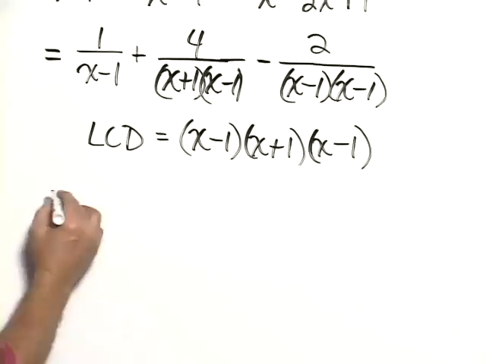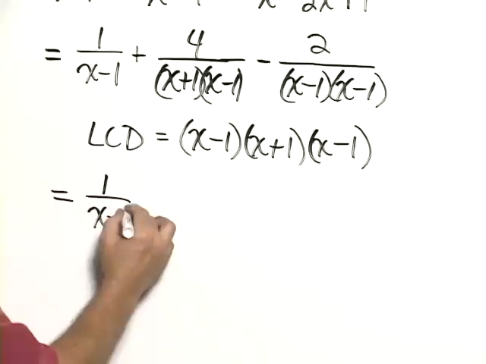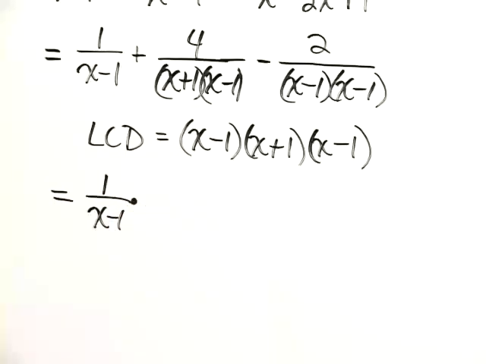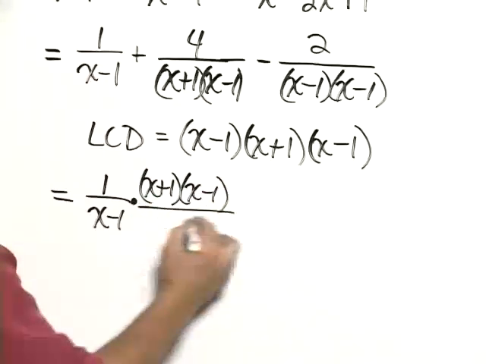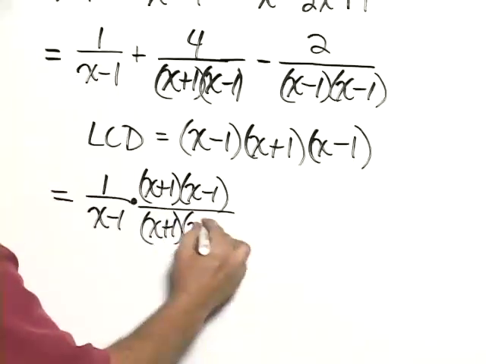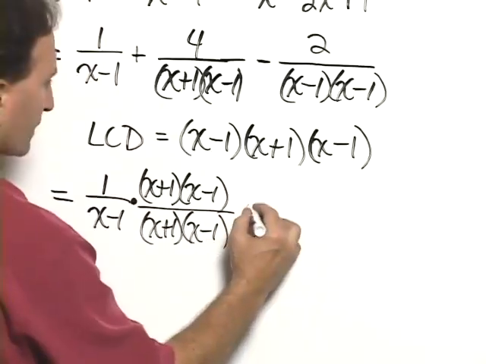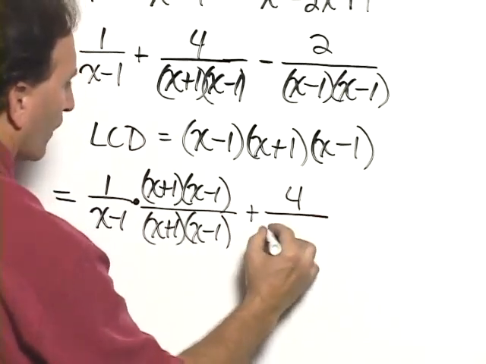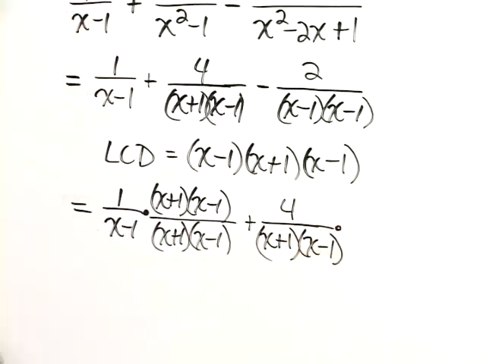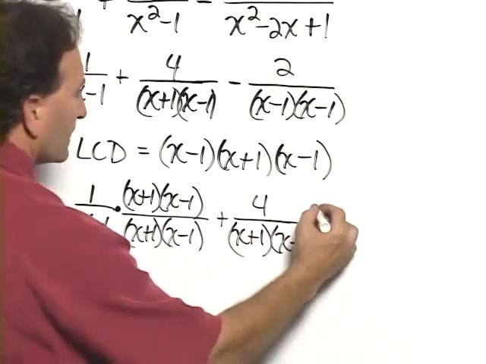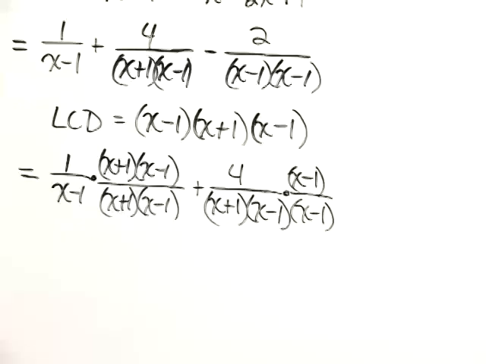Now, we need to convert each of these rational expressions to an equivalent expression with the LCD as its denominator. For this rational expression, 1 over x minus 1, we would have to multiply by x plus 1 times x minus 1 in both the numerator and the denominator. For the next rational expression, 4 over x plus 1 times x minus 1, we would have to multiply by x minus 1 over x minus 1.